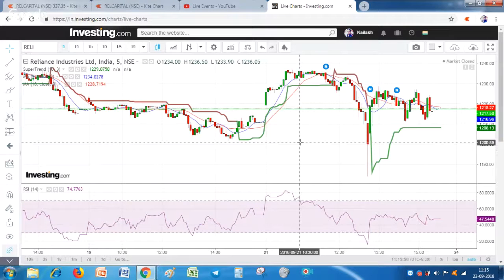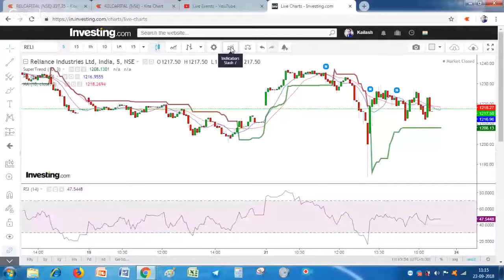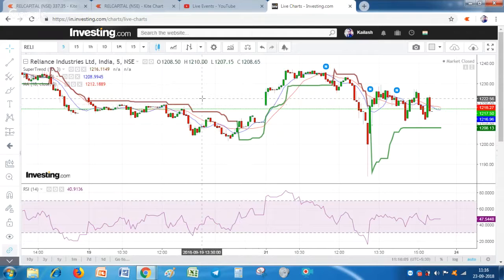So, friends, we have to go to this investing.com site, and there is an option of indicators here. From here, I have taken the RSI and super trend indicators. The main indicator we are going to discuss is super trend. Super trend is a wonderful indicator. It helps us find the direction of the market.